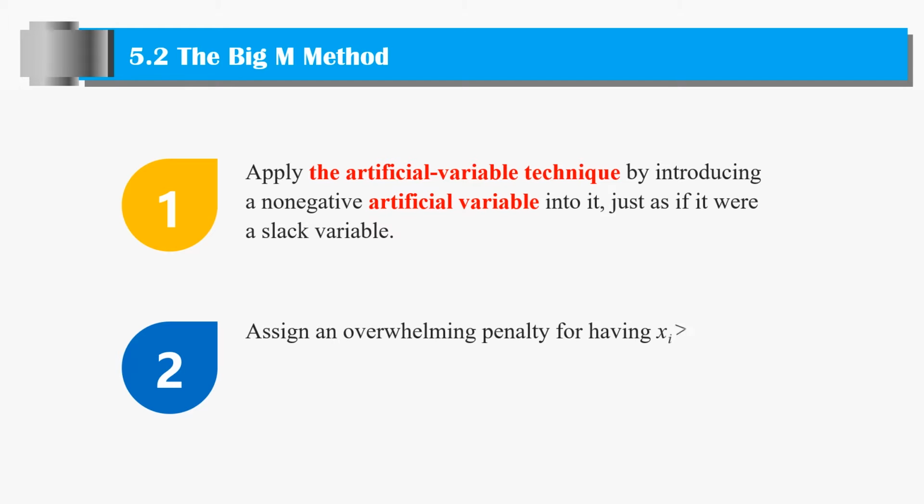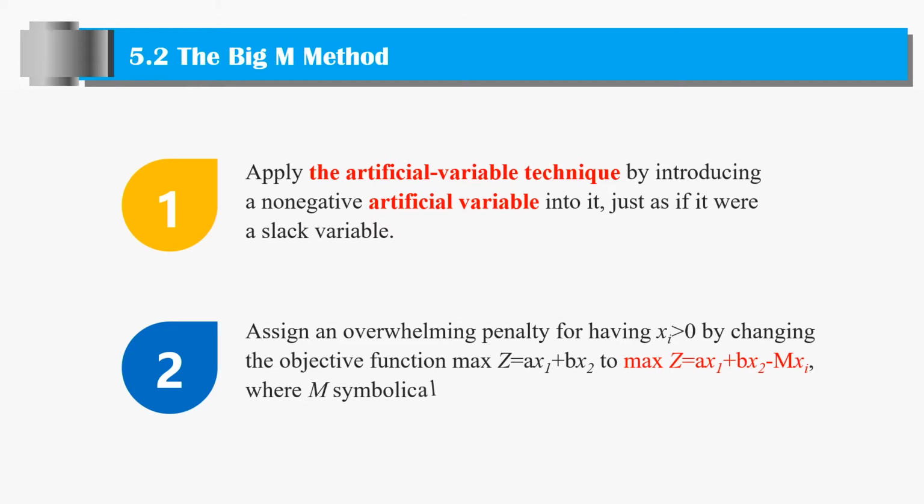Second, since we introduced the artificial variable, it should not exist at the beginning. In order to eliminate the effect of this artificial variable, we assign an overwhelming penalty for having xi bigger than 0, by changing the objective function from maximizing z equals ax1 plus bx2 to maximizing z equals ax1 plus bx2 minus M times xi, where xi is our artificial variable.